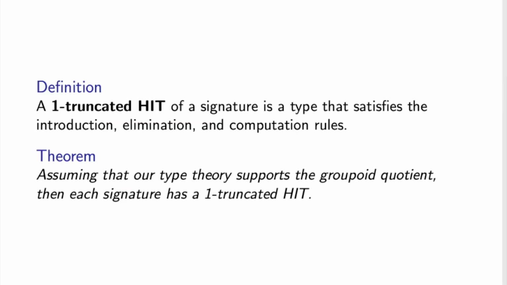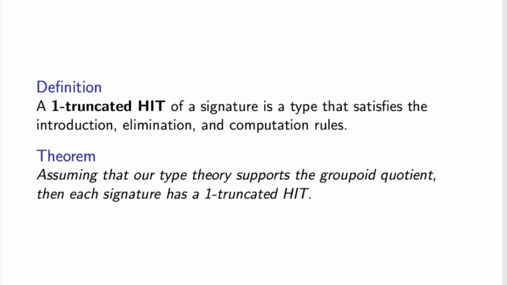Now we have almost everything in place to formulate our main theorem. The only notion that is missing is the notion of one truncated higher inductive type. I won't define that very precisely, but I will indicate how this definition is given. To define one truncated higher inductive types, we first define when a type satisfies the introduction, the elimination, and the computation rules.